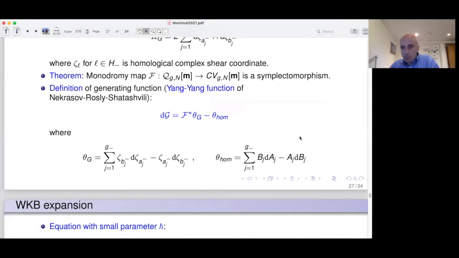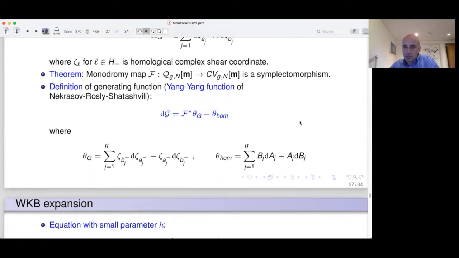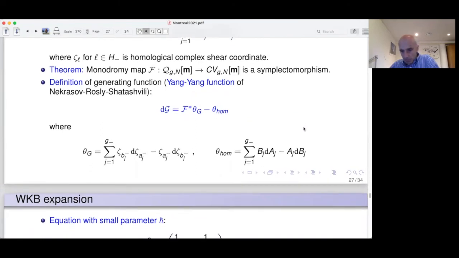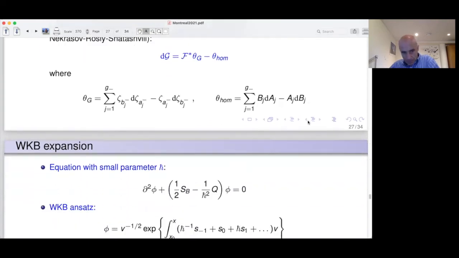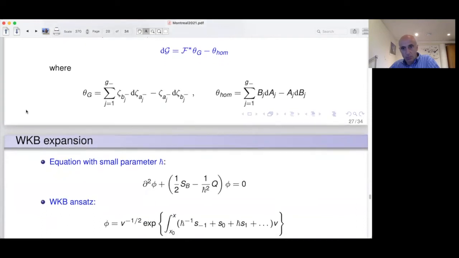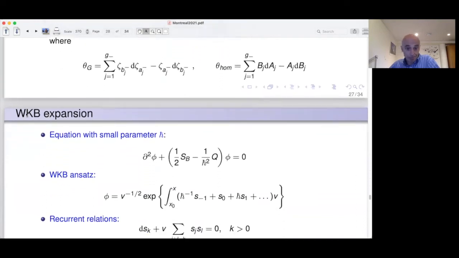So what you can do with that, how you can study it. You can't compute it, of course, it's impossible. In some cases, you can think of that as a section maybe of some line bundle. In the real case, it could be the D logarithm. But what you can do explicitly is to study its formal WKB limit.